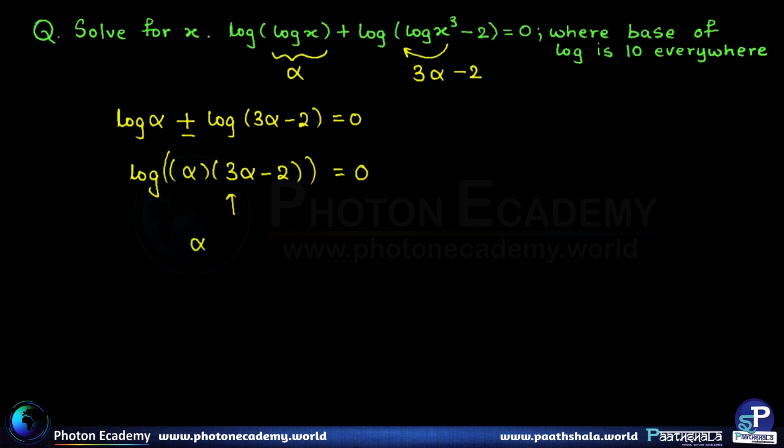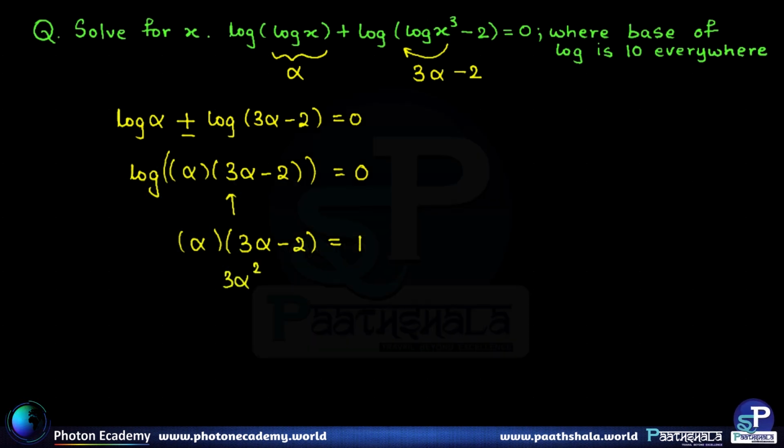So alpha into 3 alpha minus 2 is equal to 1. So that is 3 alpha square minus 2 alpha minus 1 is 0. So we get factors as alpha minus 1 and 3 alpha plus 1.